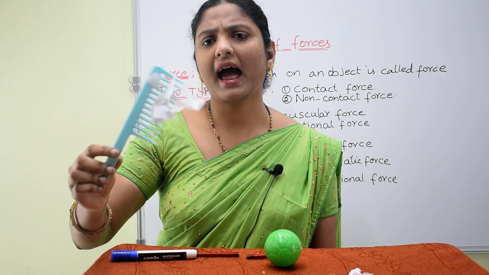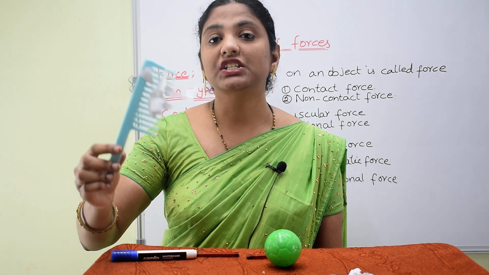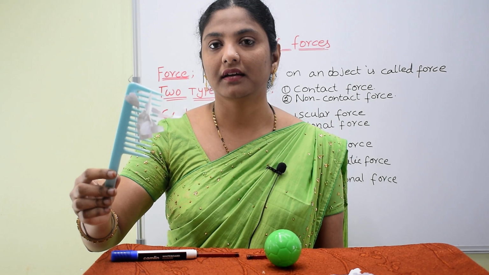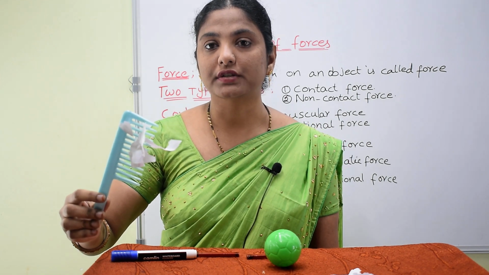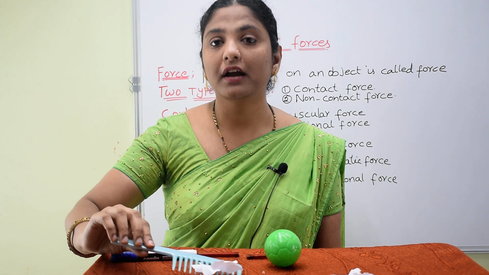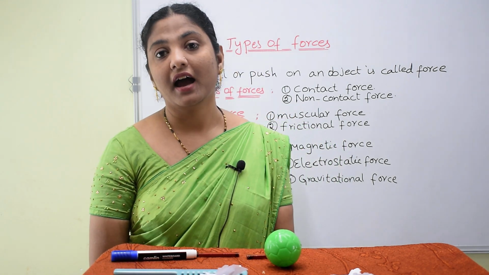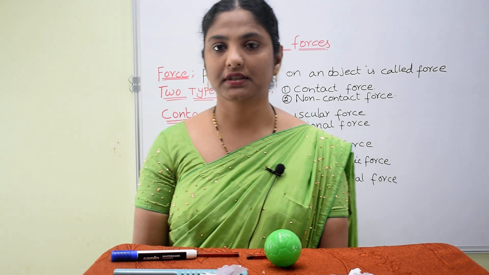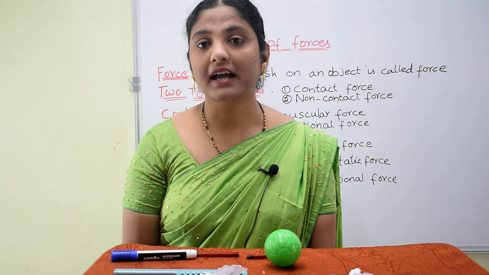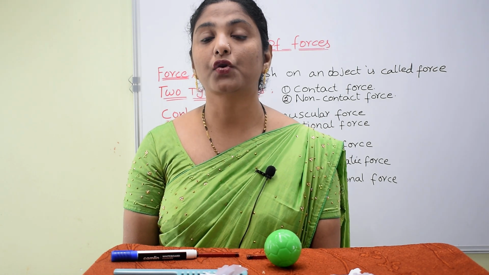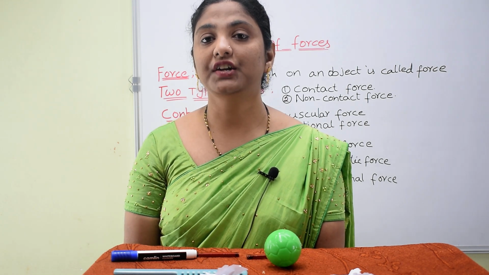Why does it attract? Because charges are developed in this comb by rubbing. Such a force which comes from rubbing one object on another object is called electrostatic force. The attraction of that electrostatic force is called the electrostatic force of attraction.